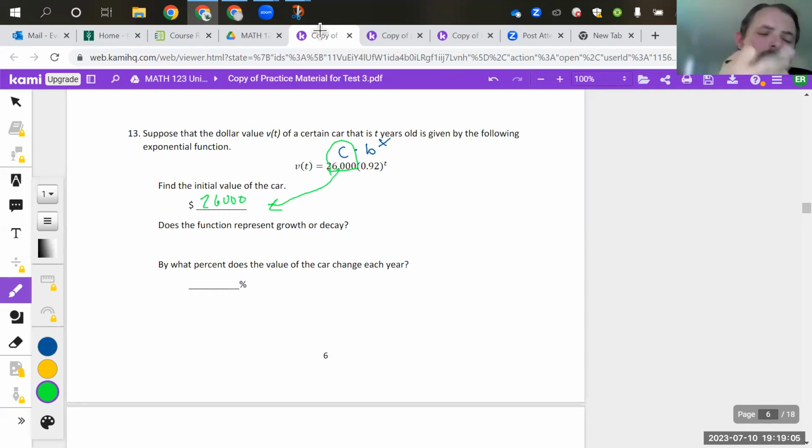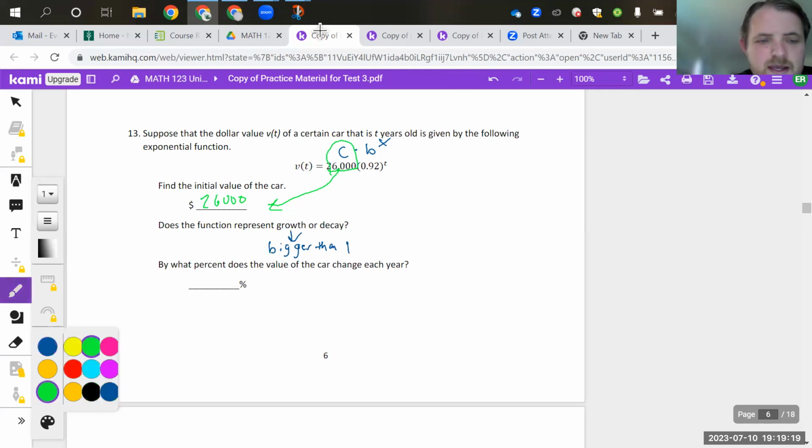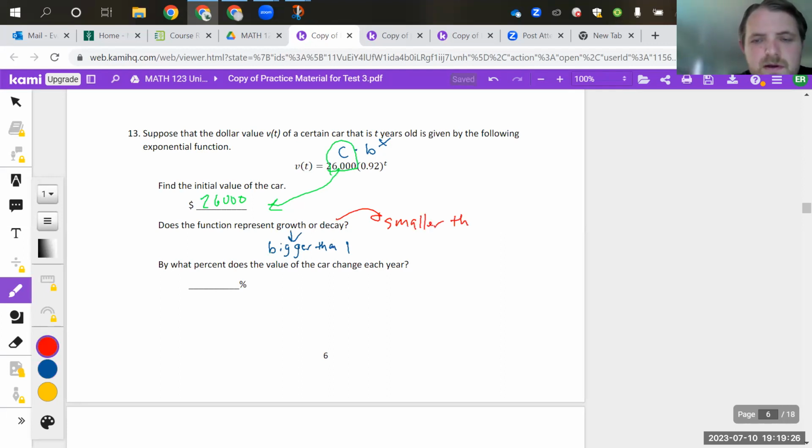Now the growth or decay, something is growth if the parentheses is bigger than 1. And something is decay if it is smaller than 1. So as you look at the 0.92, that is smaller than 1.